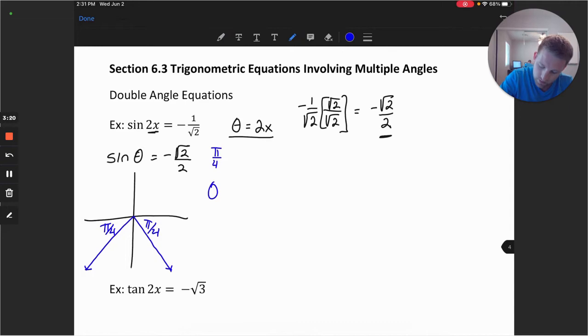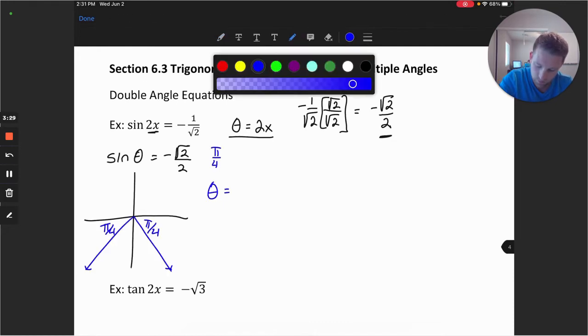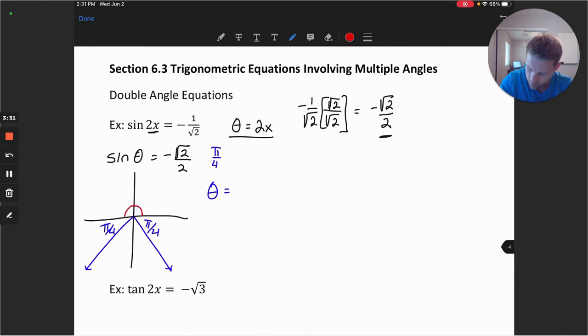So theta here, working around our unit circle, the first angle that we have, and I'll start to color these, is going to be this angle right here. That would be the angle of 5 pi over 4.